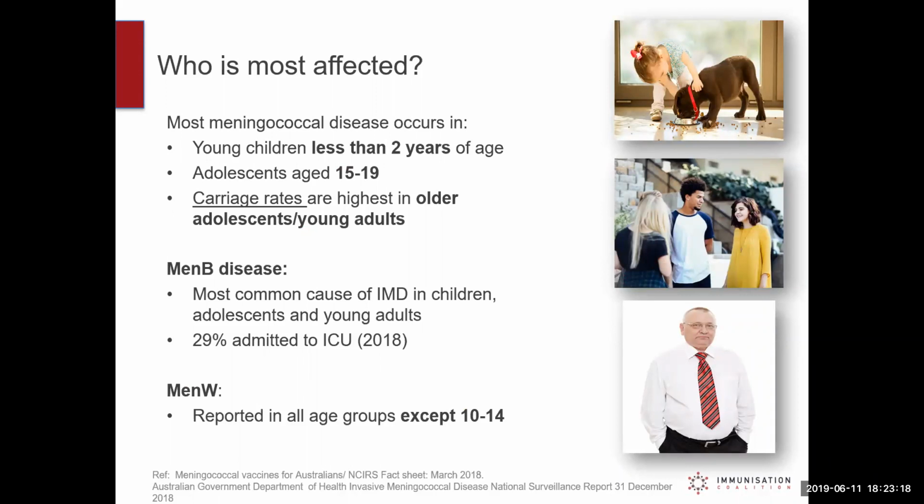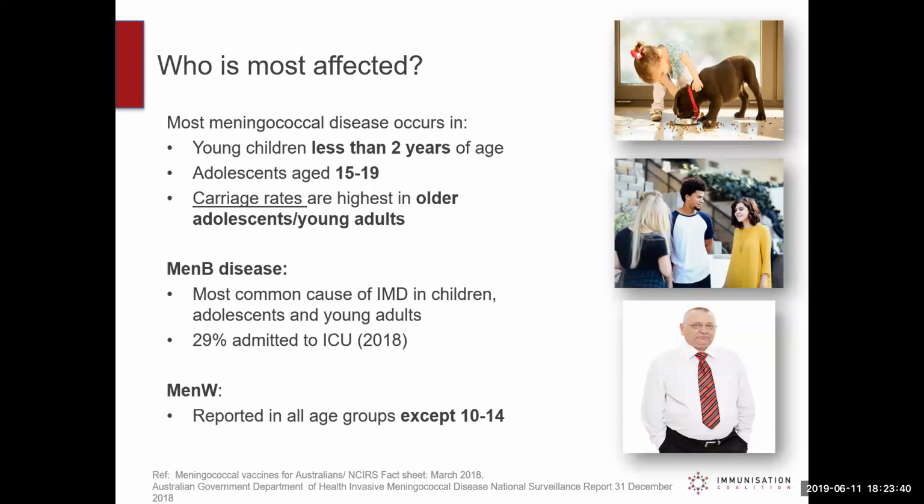I mentioned before that this disease is most commonly seen in the saliva sharing age groups. Now these two particular age groups, the less than 2-year-olds and the adolescents, are sharing saliva for completely different reasons, and that we won't go into.